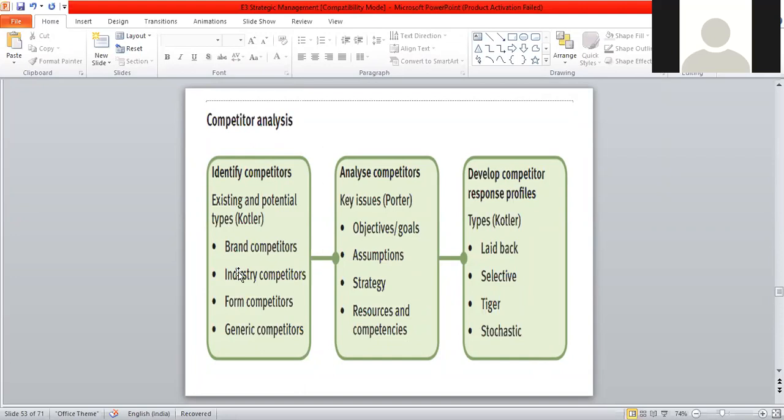Who are these competitors? What does it mean by brand competitors? What does it mean by brand?